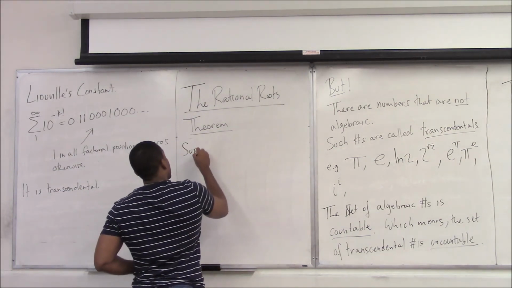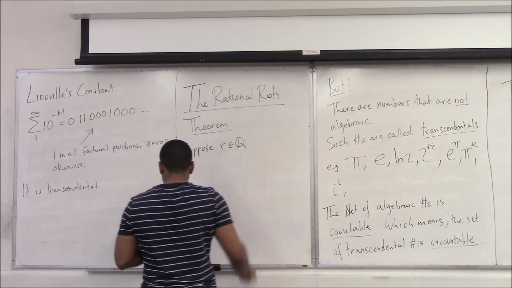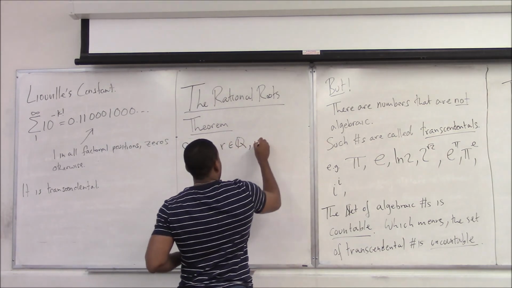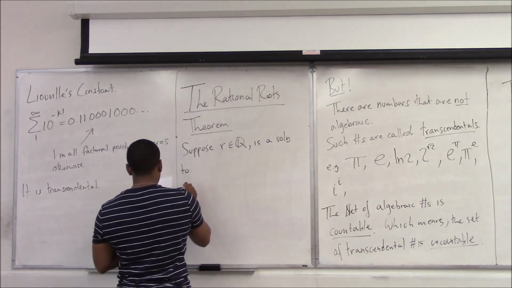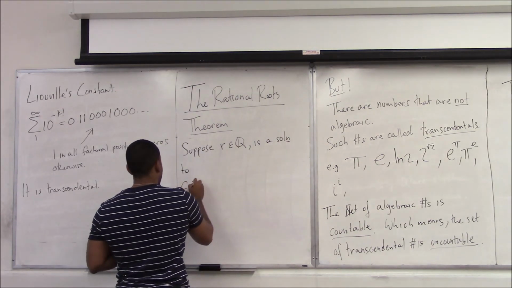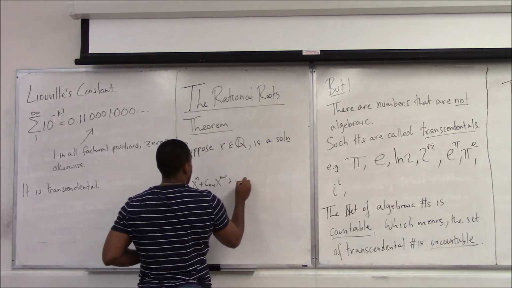It says, suppose r is rational and is a solution to this polynomial, c_n x to the n plus c_(n-1) x to the n minus 1, and so on.